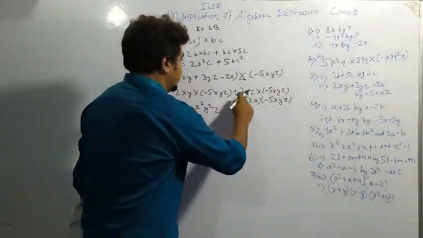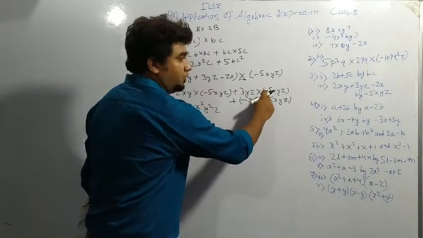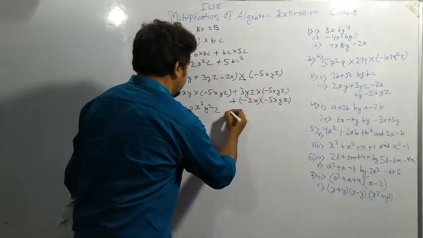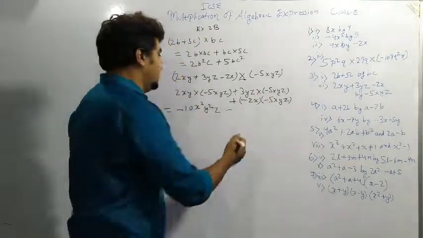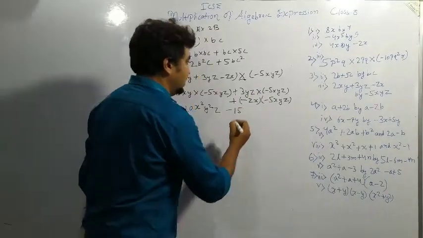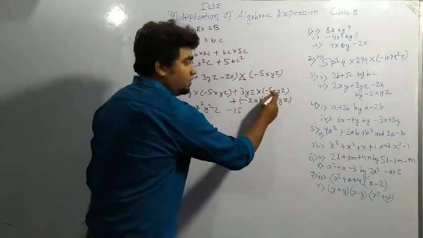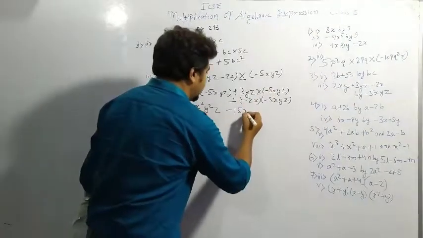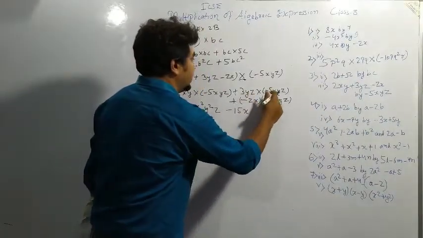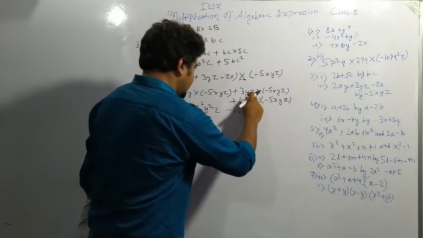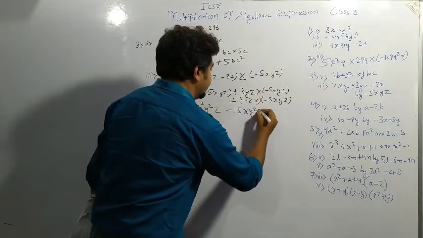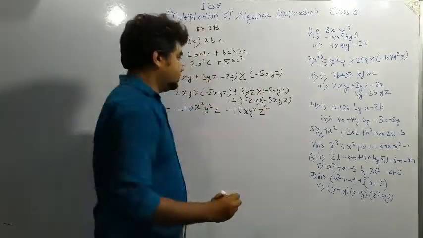Now here minus sign is only 1, so minus will remain here. 3 into 5, then we write the constant: 3 into 5 is 15. Then x, only one x is there, so it will remain x. Then y into y is y square. Then z into z is z square.